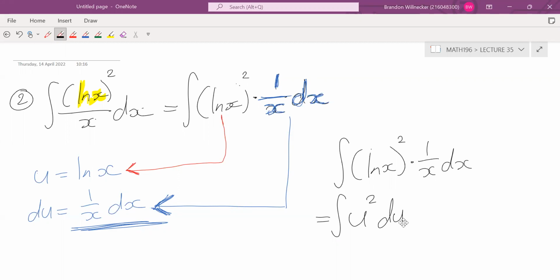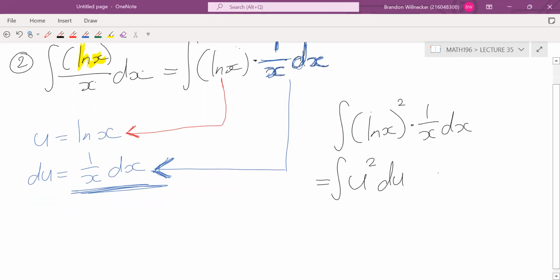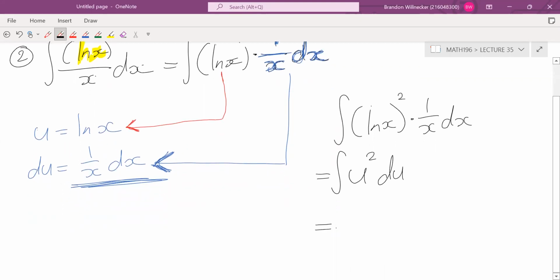So you see after the two replacements, we replaced the function and we replaced the differential. There's always those two things to replace. We get a much simpler expression, u squared du. That's very easy to do. It's just the power rule. We add 1 to the exponent to make it 3, divide by that. So we get 1/3 u cubed, and this is indefinite, so we need to add c.